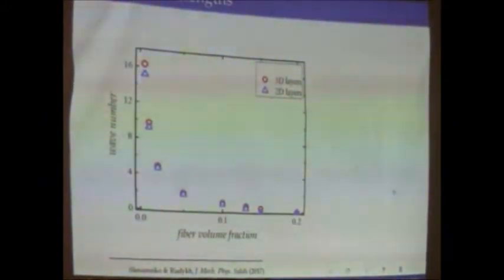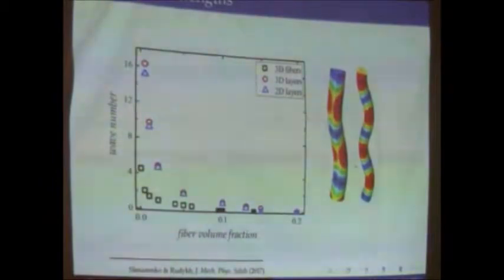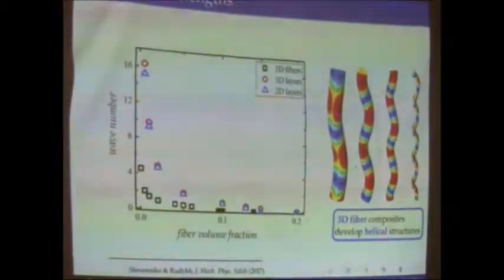And that is reasonable, because we're dealing with the same microstructure. But if we take the fiber composite, the difference between the wavelengths can be a factor of even 8 for particular volume fractions. You can see, as I decrease the volume fractions, how these patterns of the critical wavelengths change, and you can even develop this helical type of buckling.